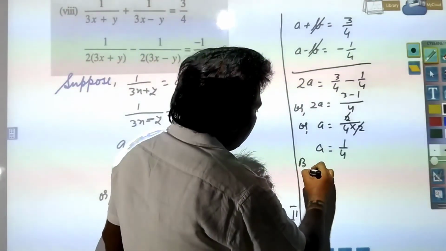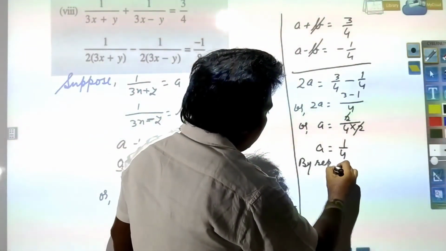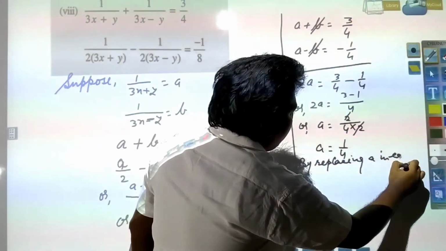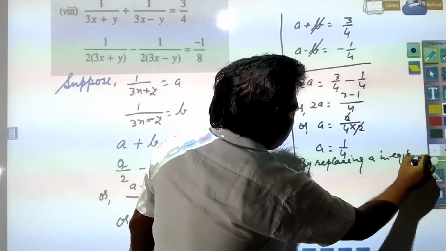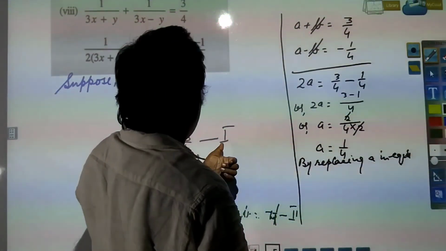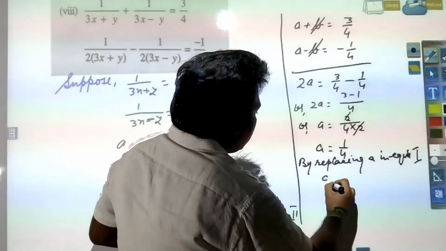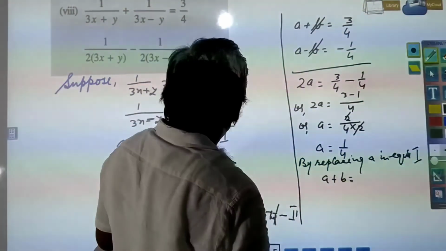By replacing a in equation 1, you will have a plus b is equal to 3 by 4.